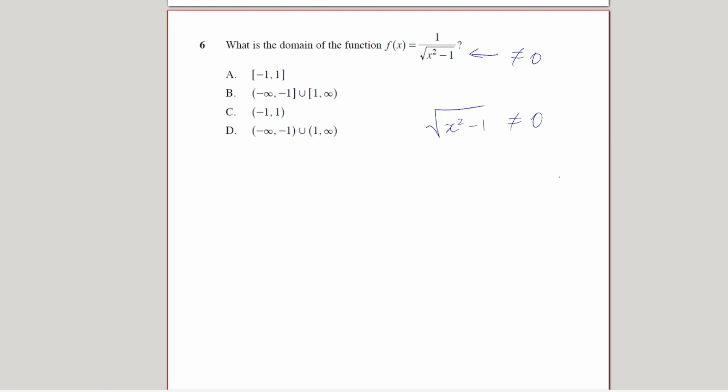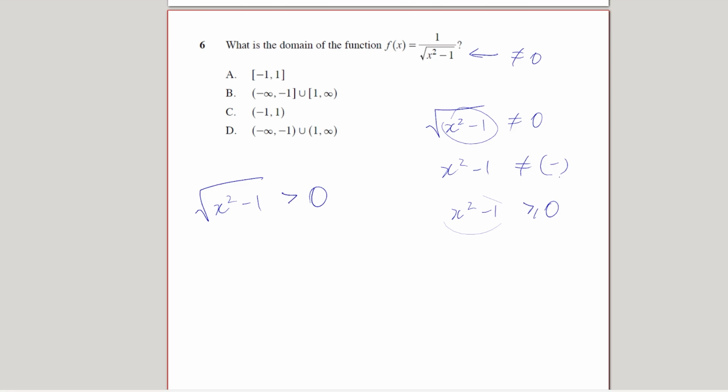And inside the square root, x squared minus 1 has to be greater than or equal to 0. To capture all of this in one statement, the square root of x squared minus 1 is greater than 0, because it cannot include 0, so you just take away the inclusion sign.